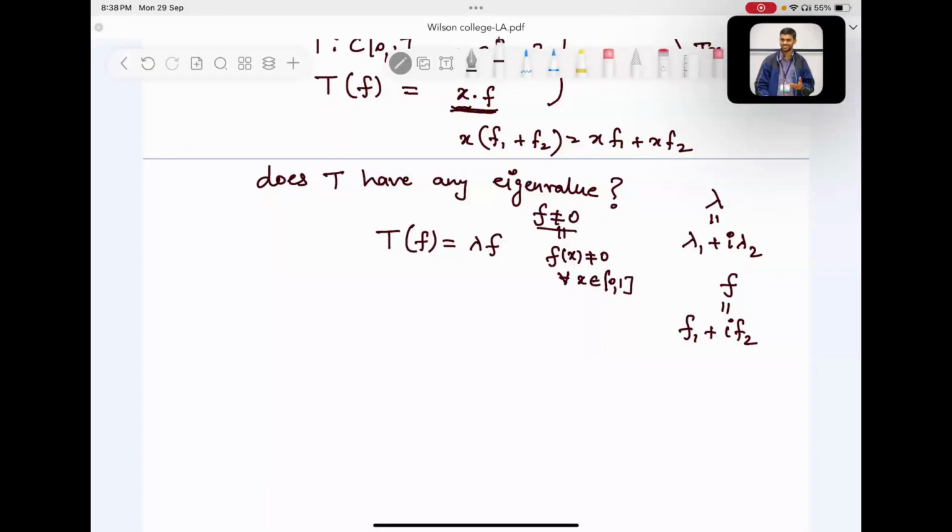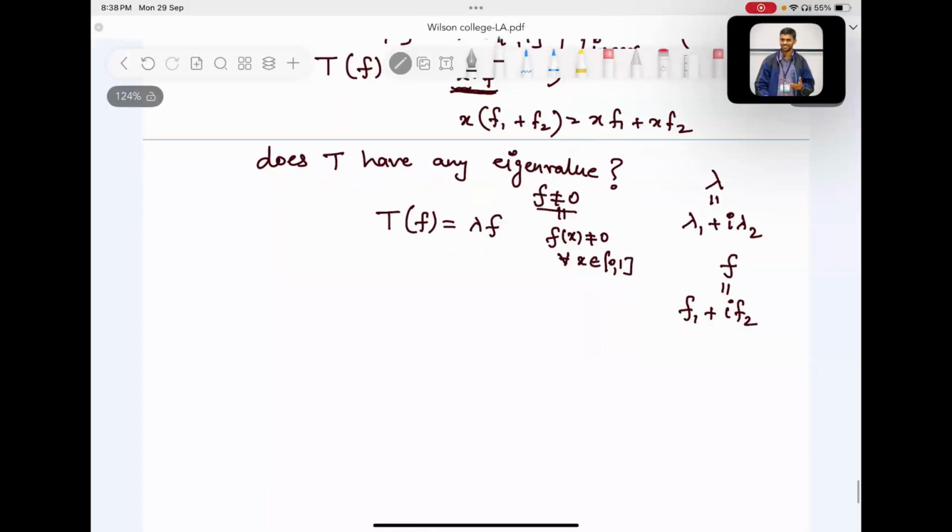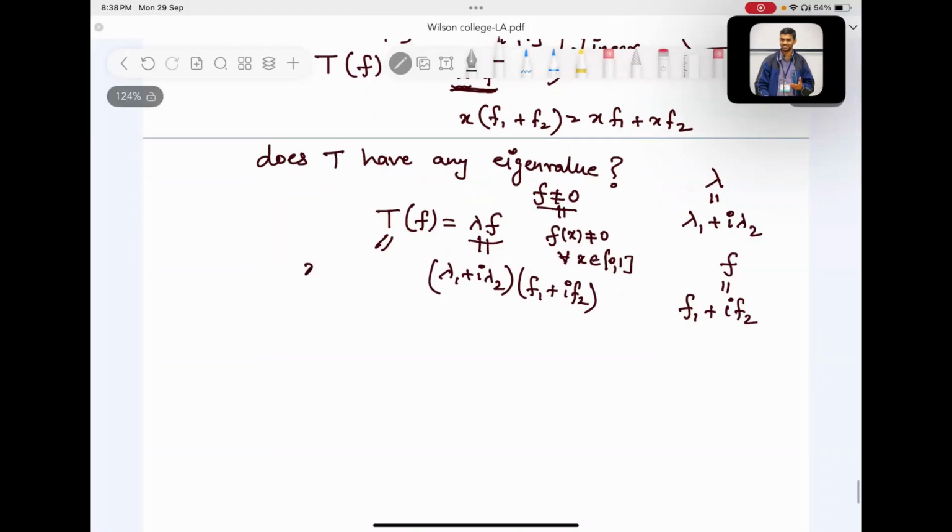Now, what is the value of this? This is lambda 1 plus iota lambda 2. What is the value of f? f1 plus iota f2. So this is equal to this one. Now, what is the value of T of f, that is x into f? This will be x f1 plus iota x f2.